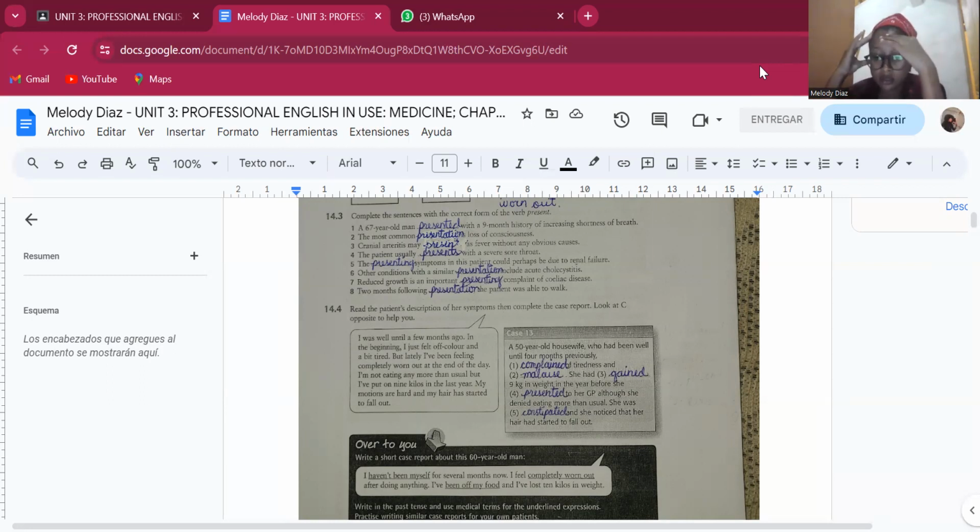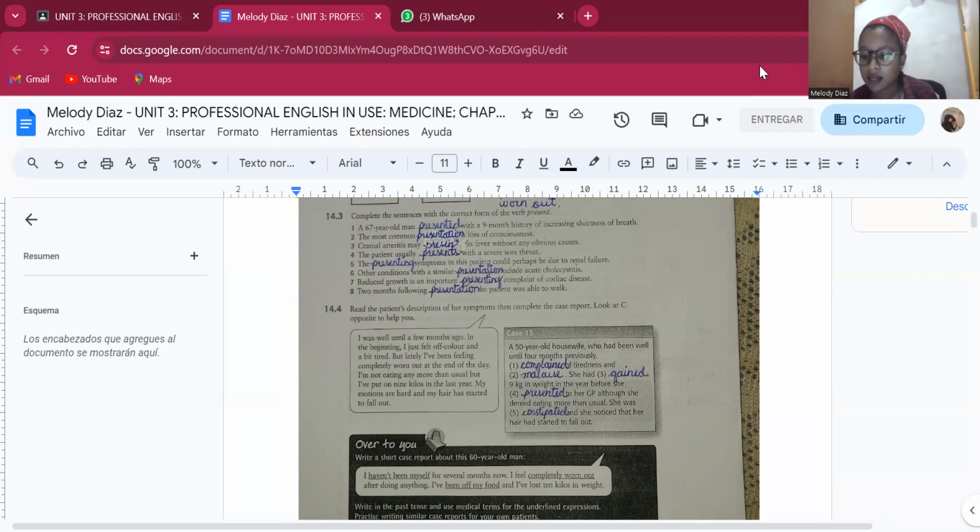Case 15. A 50-year-old housewife who had been well until 4 months previously complained of tiredness and malaise.